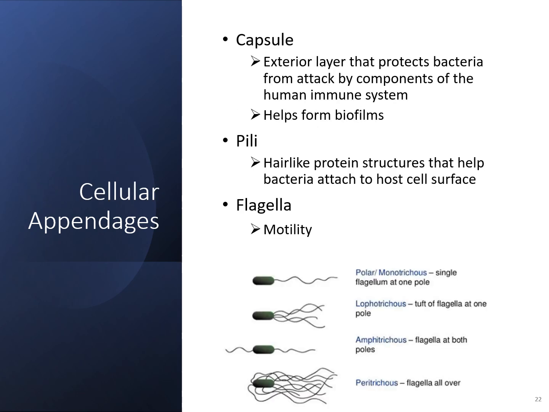With the capsule, that exterior layer protects the bacteria from being attacked by the immune system, and it also helps to make those biofilms. With pili, you have hair-like projections around the outside surface, which help with the attachment of that organism.